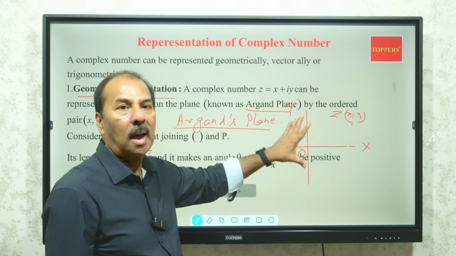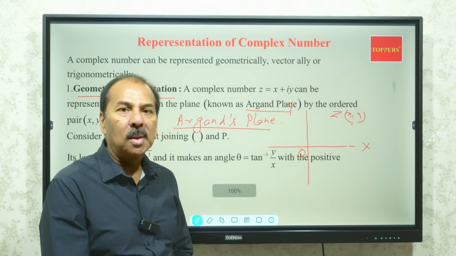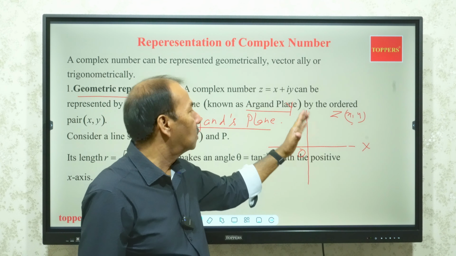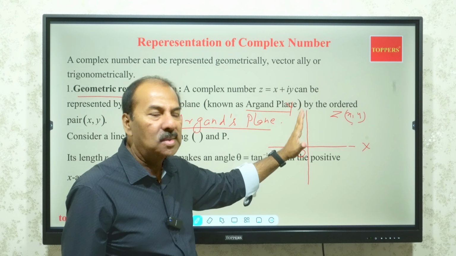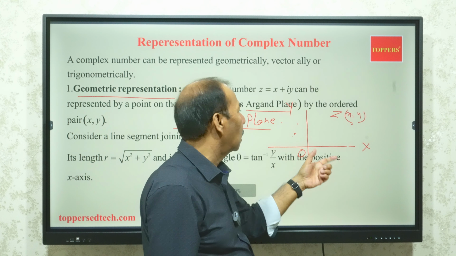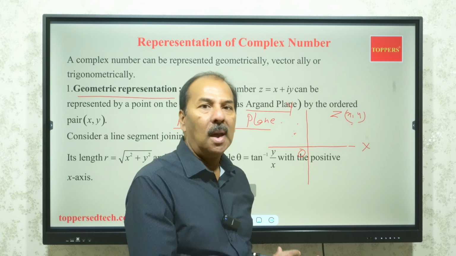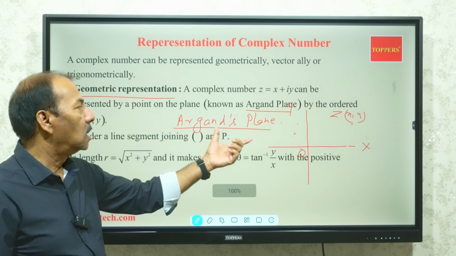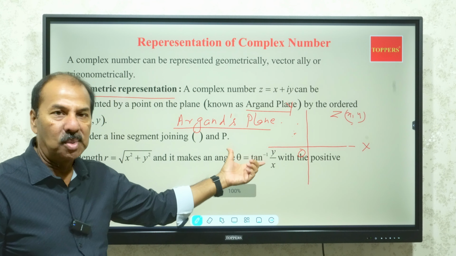So the Argand plane, Argand diagram, is nothing but the combination of the real axis as well as the imaginary axis. Otherwise everything remains the same. The representation along the x-axis as well as along the y-axis, as we do in simple coordinate geometry, similarly here also we will be doing the same thing.